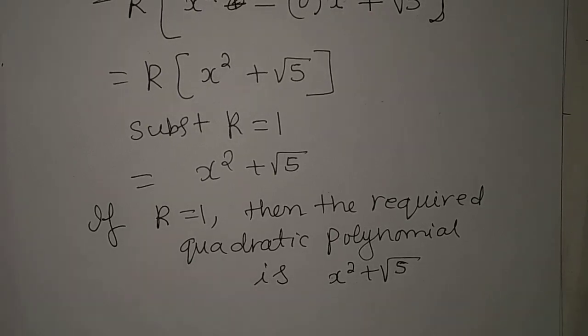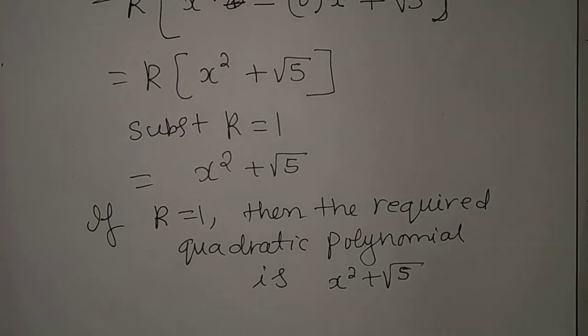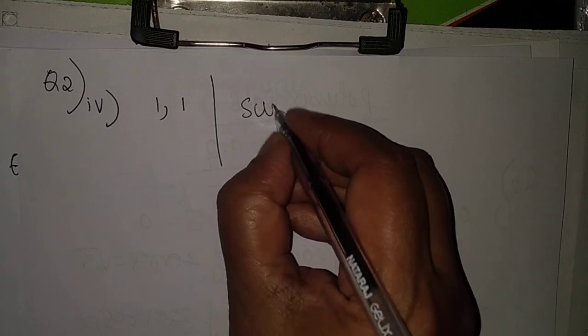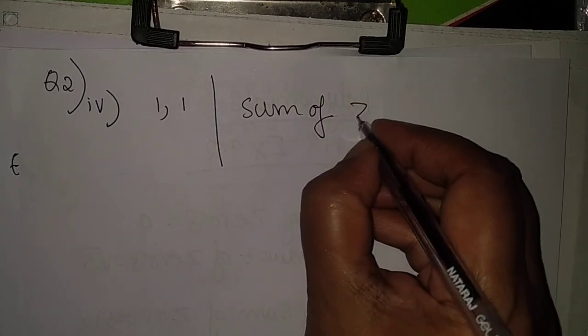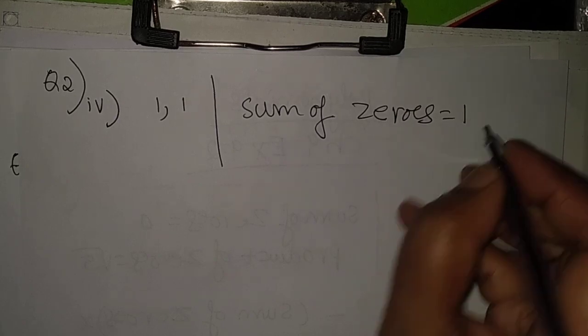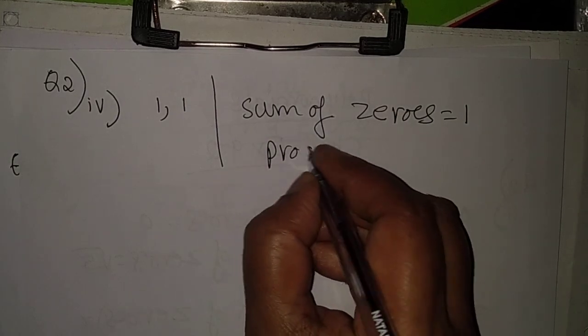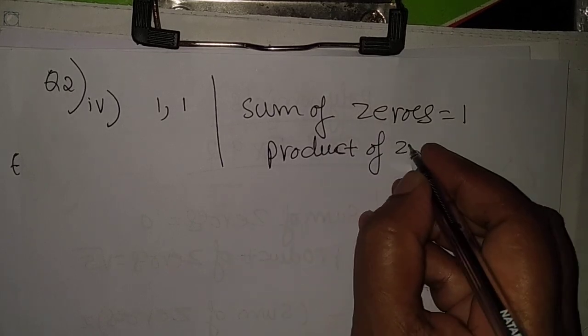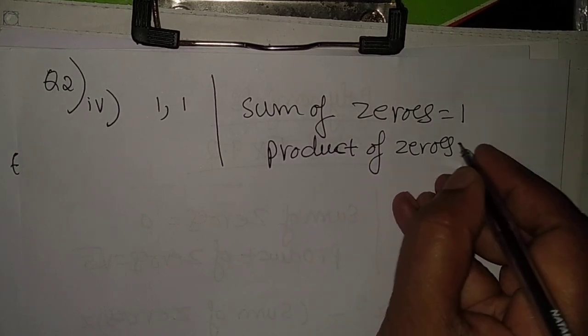This is the third one. We move on to the fourth one. The fourth one is sum of zeros equal to 1, product of zeros equal to 1.